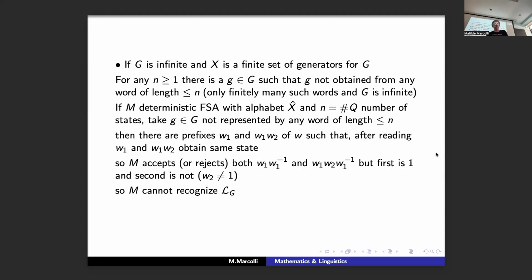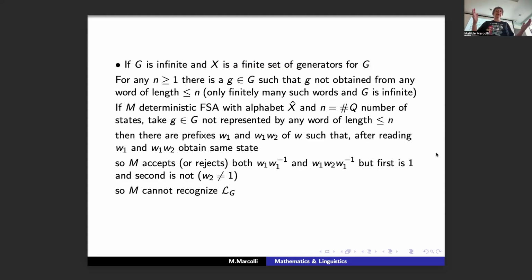And the other thing is to show that if your group is actually infinite, then you cannot compute its word problem through a finite state automaton. The point is that if it's infinite, then there's going to be some element in the group that cannot be obtained from any word of length bounded by a fixed n.